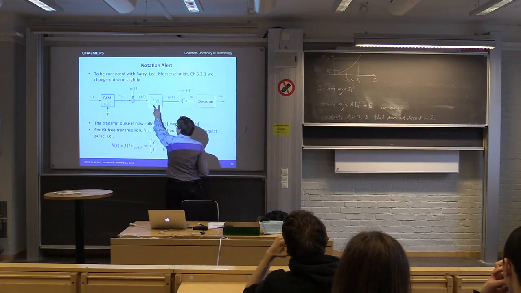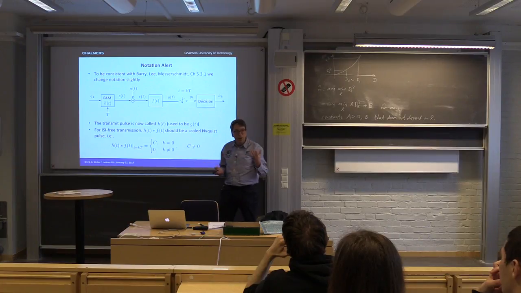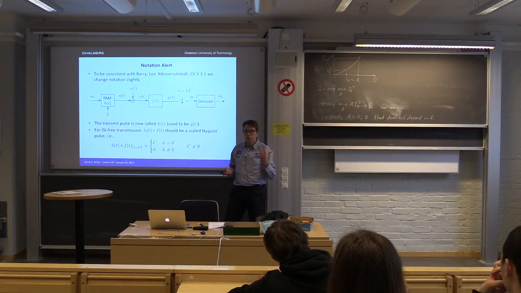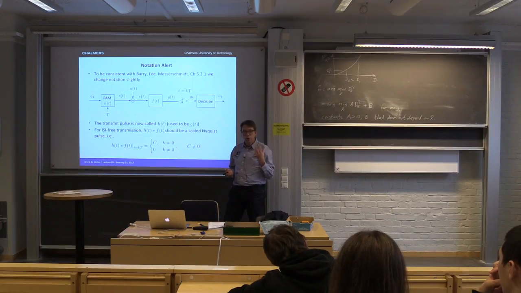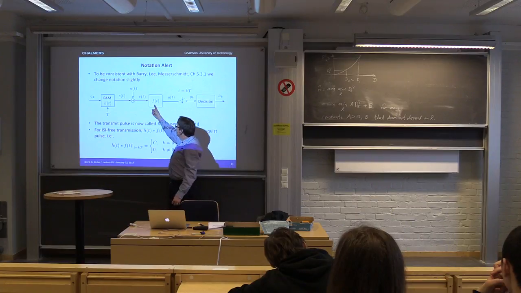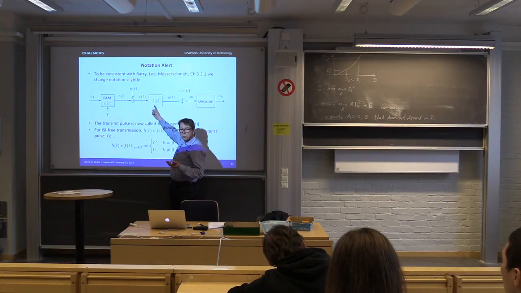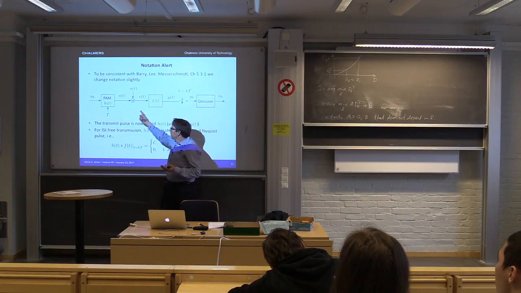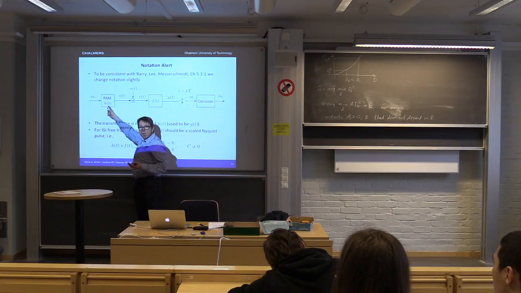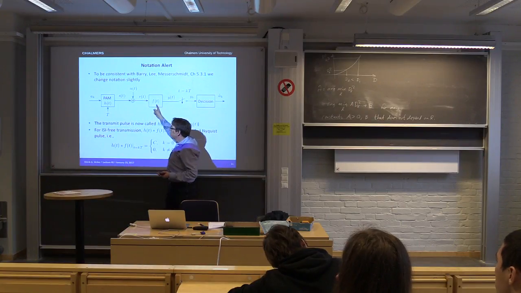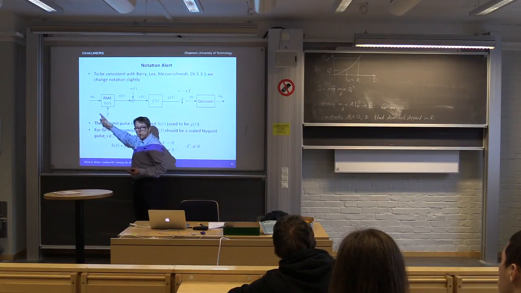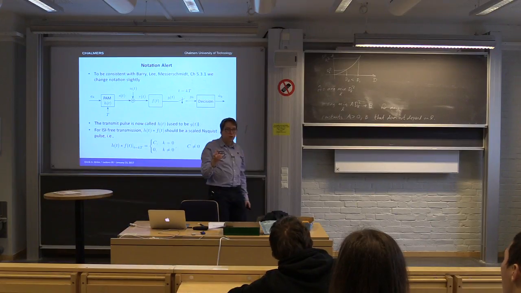So, how to select F? Well, I already told you earlier that one way to select F, which is very commonly used in practice, is to use F as a matched filter. A matched filter needs to be matched to something, and in this context it should be matched to the transmitted pulse, so it should be matched to H. What is matching?